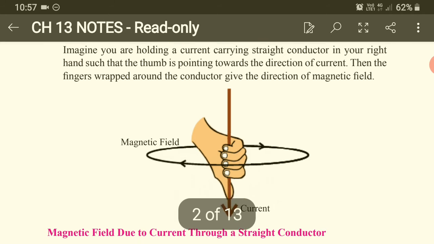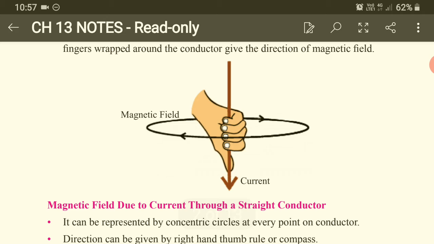As you can see here, if the direction of current is downward, the magnetic field lines are in the clockwise direction, and vice versa. If the direction of current is upward, the magnetic field lines are in the anti-clockwise direction.